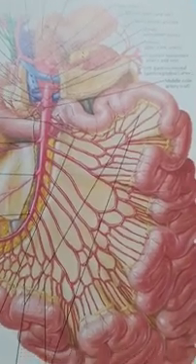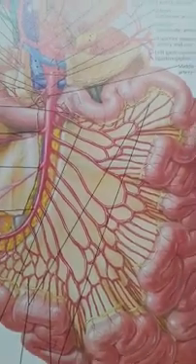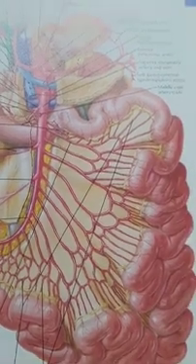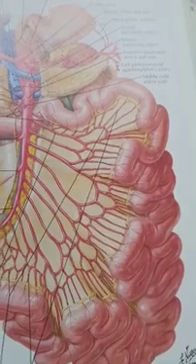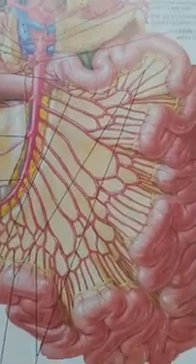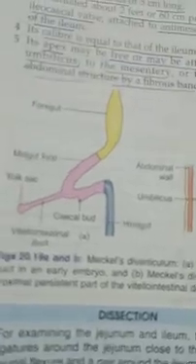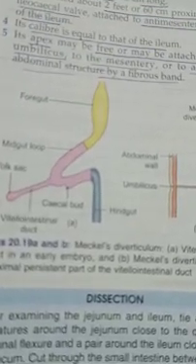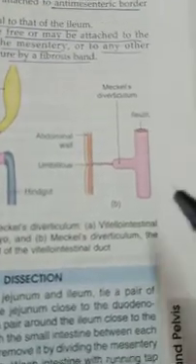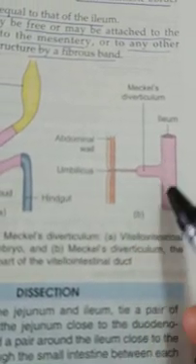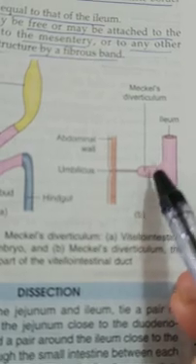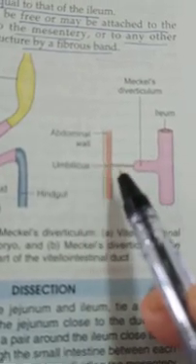Regarding the applied aspect of the small intestine, in some patients we can see a special structure near the ileum, attached towards the umbilicus.